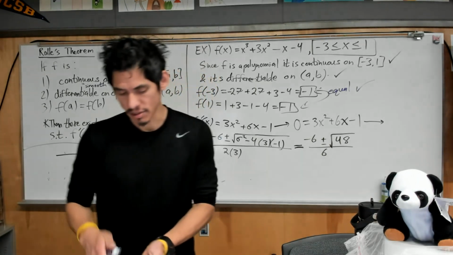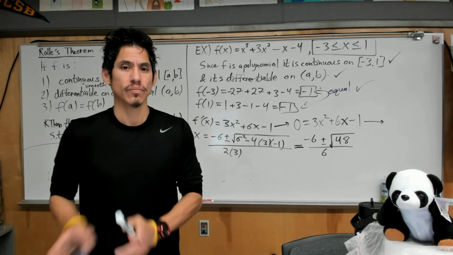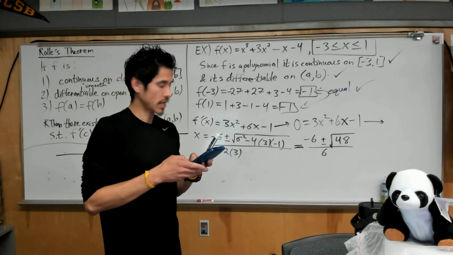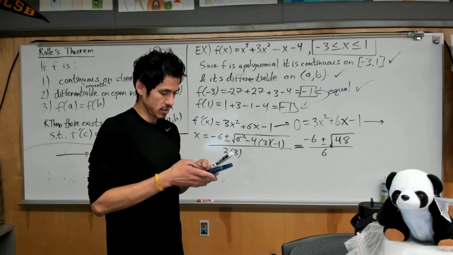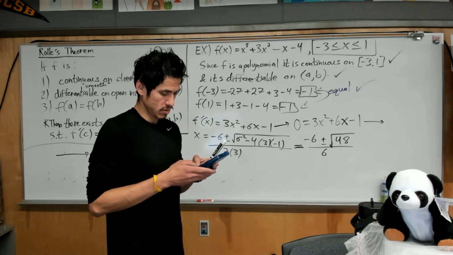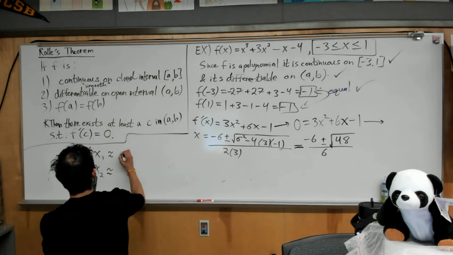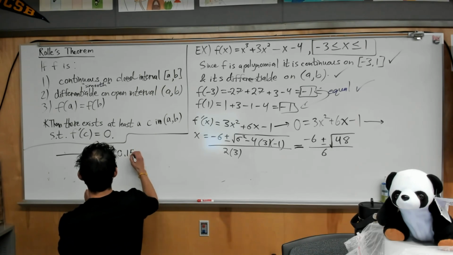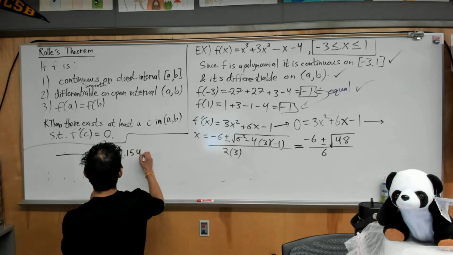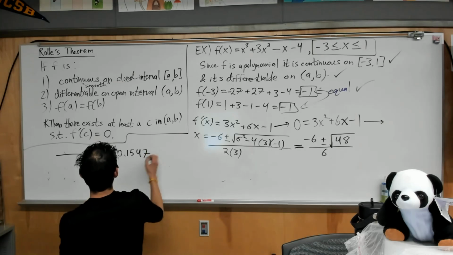So using calculator technology, -6 plus the square root of 48, divided by 6, we'll get about 0.1547 for the first one.